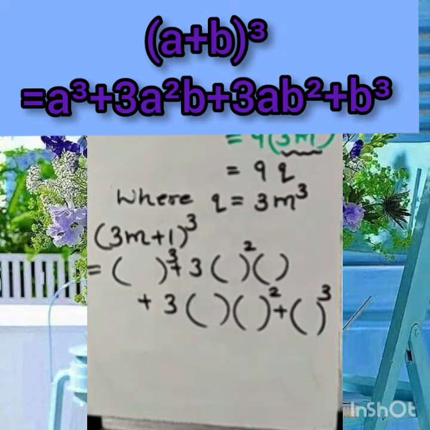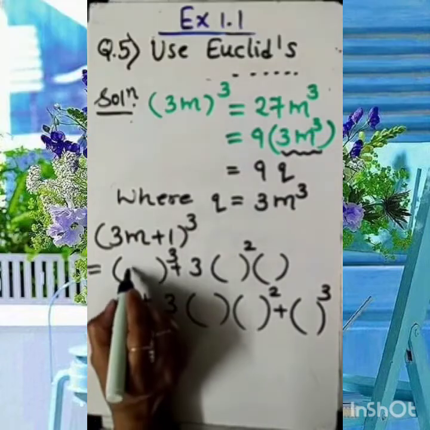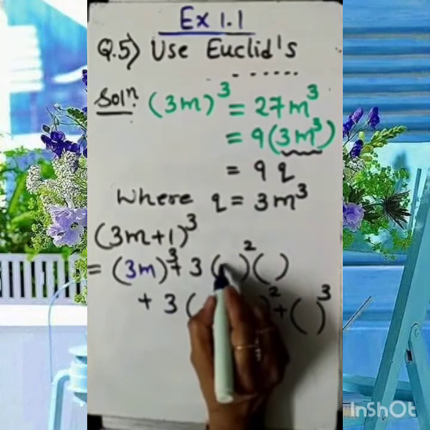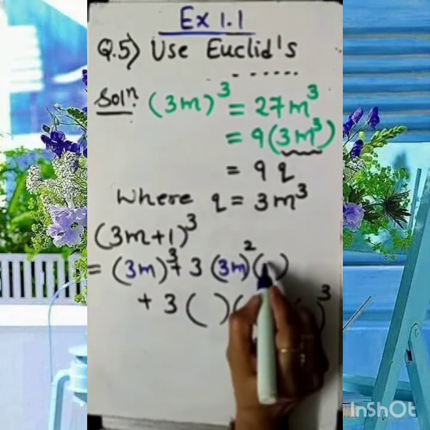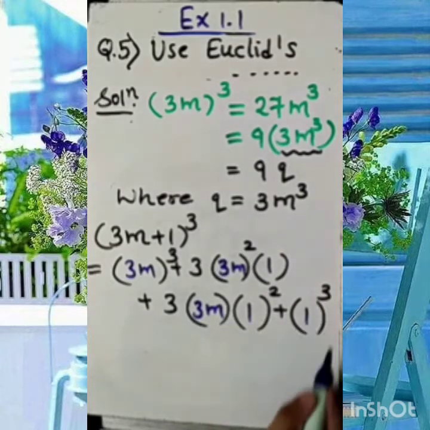This is the cube identity. Again I am repeating here. What is a? That is 3m. And b is 1.